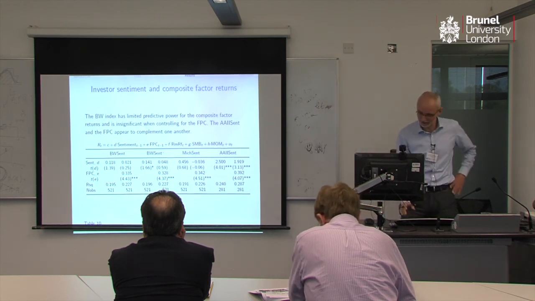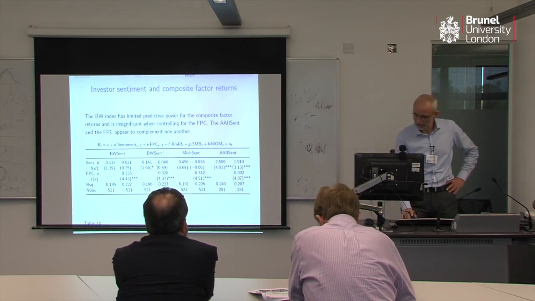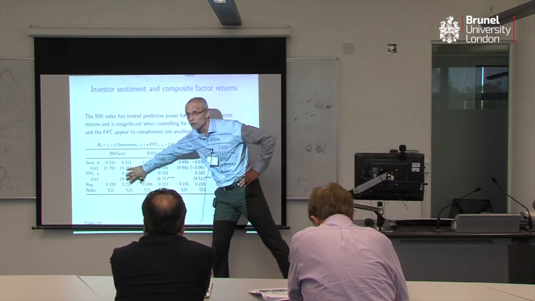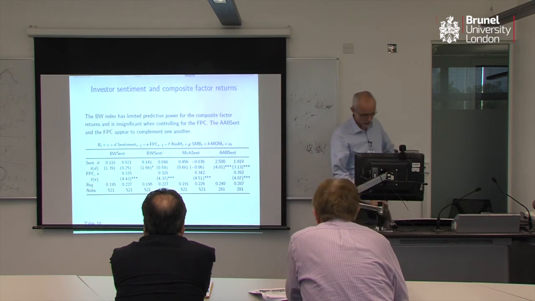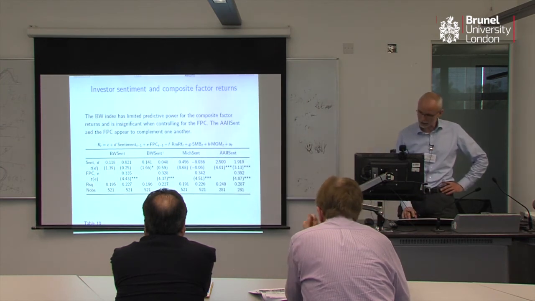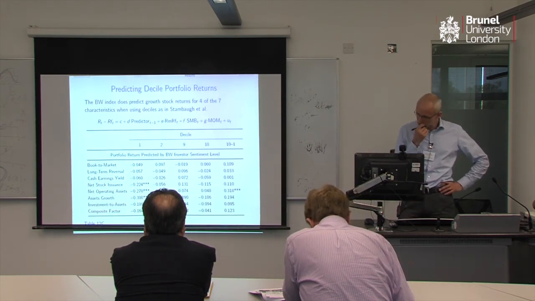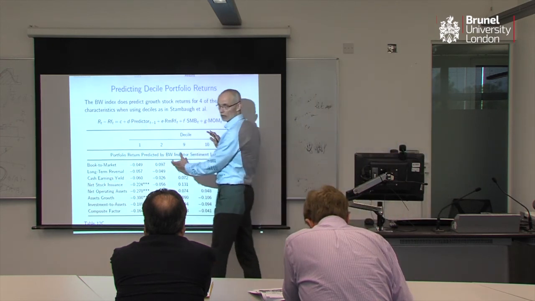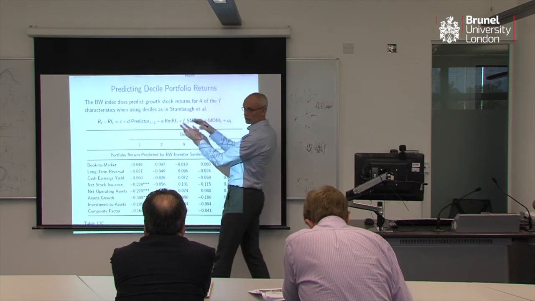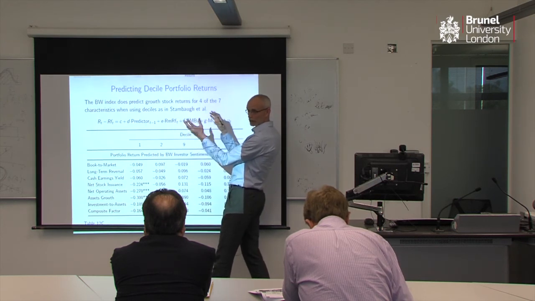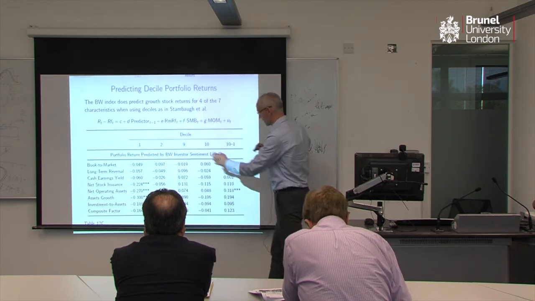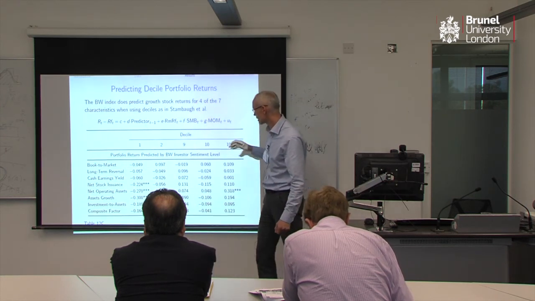Now, why doesn't the Baker-Wurkler index work here? We were surprised by the lack of predictability, given the results in Stambaugh et al. What they have are decile returns. They form deciles and look at the decile spread.